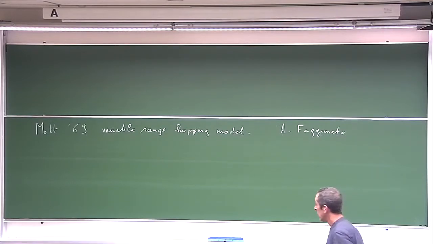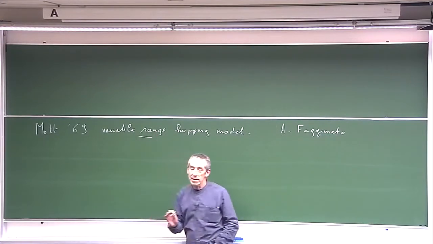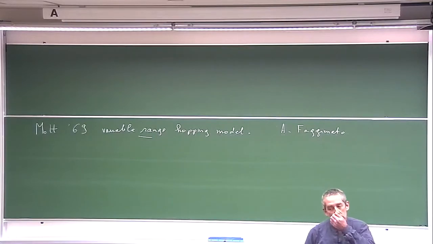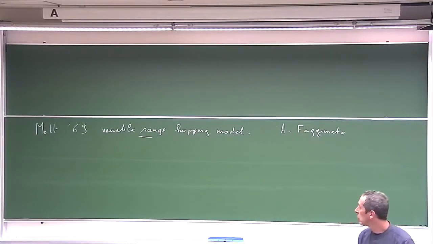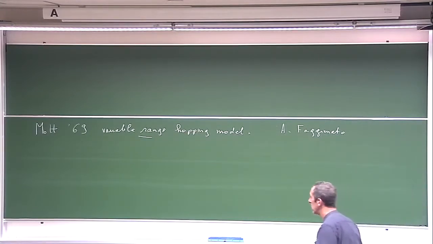So, just to introduce the model, this is a model for electronic conduction in doped semiconductors. So, you have a semiconductor, and these semiconductors contain low density of impurities.